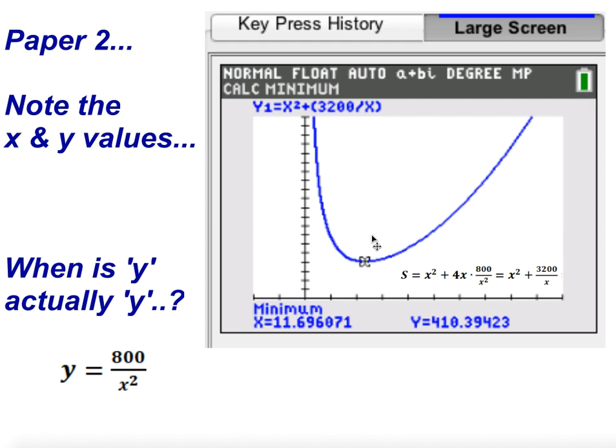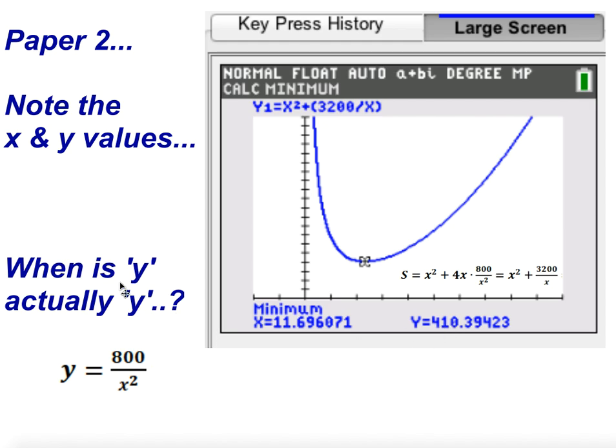Here is the graph. As it turns out, here is your surface area function. By the GDC notation, it's y sub 1. So a reminder that the surface area S that we're looking for is this function here. And you'll want to note that the x value that comes in at around 11.7 that we found gives a so-called y value here of 410.